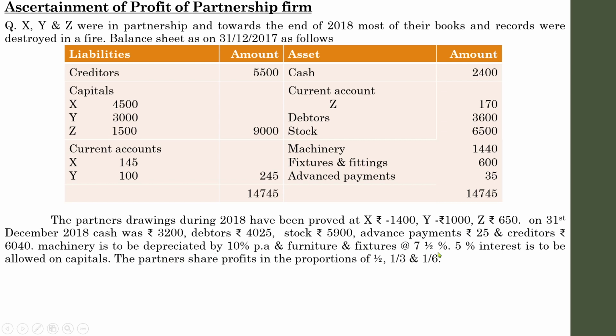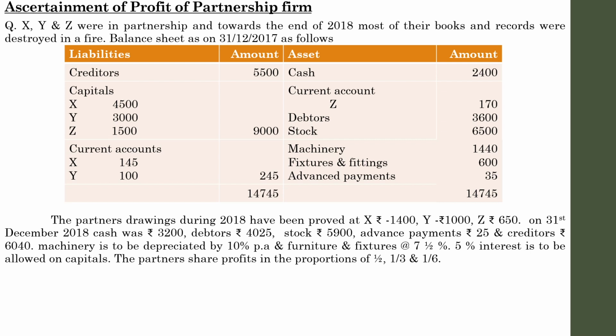Furniture and fixtures at 7.5%, and 5% of interest is to be allowed on capital. And finally, the partners share the profit in the proportion 1/2, 1/3, and 1/6. So there are some adjustments and some tricky adjustments are there. You have to be just cautious while dealing such questions.